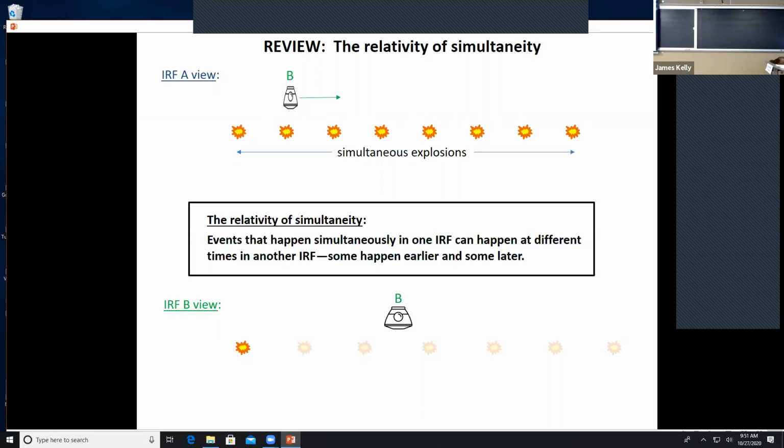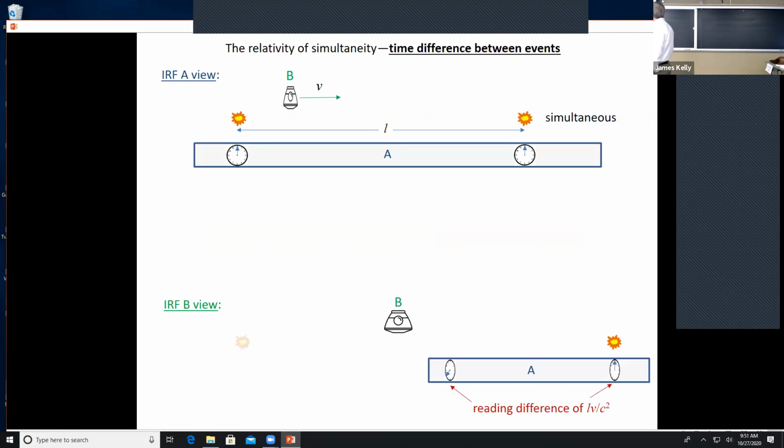They sort of go off in succession over there. So some of them are in the future, some of them are in the past. At a certain instant in time, at a certain location, this IRF B person would say some of them are in the future, they haven't gone off yet. Some of them are in the past, they already went off. Whereas this other observer, IRF A, is saying they all went off at the same time.